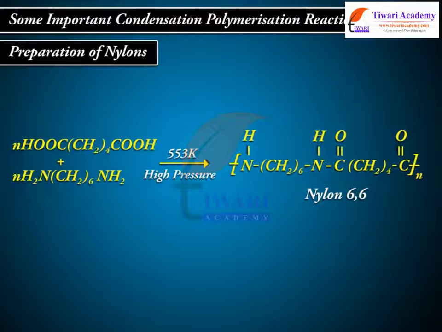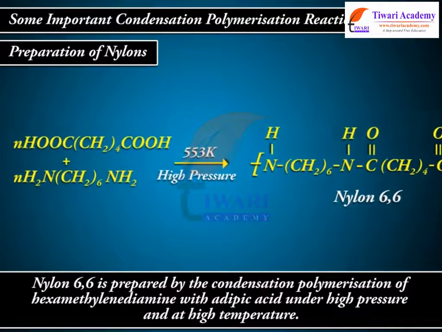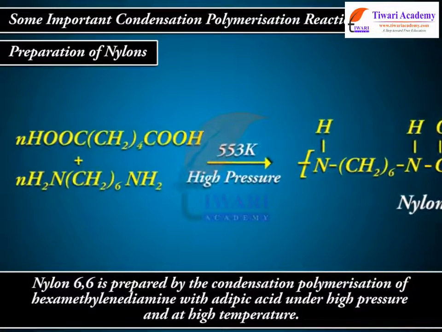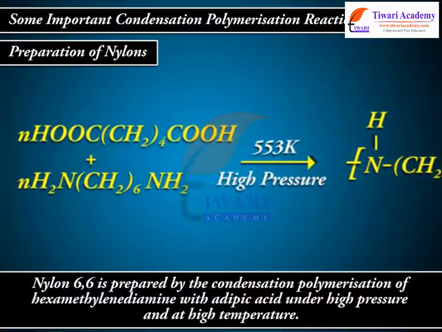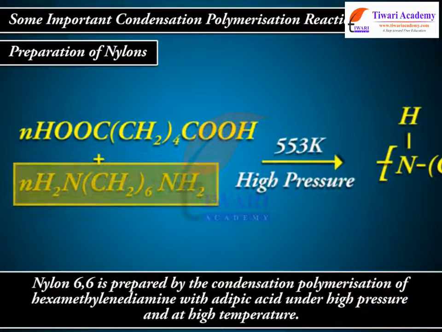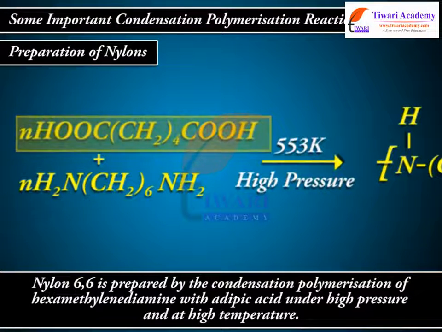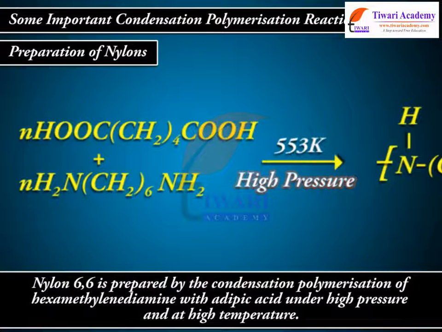Preparation of nylons. Nylon 6,6 is prepared by the condensation polymerization of hexamethylene diamine with adipic acid under high pressure and at high temperature.